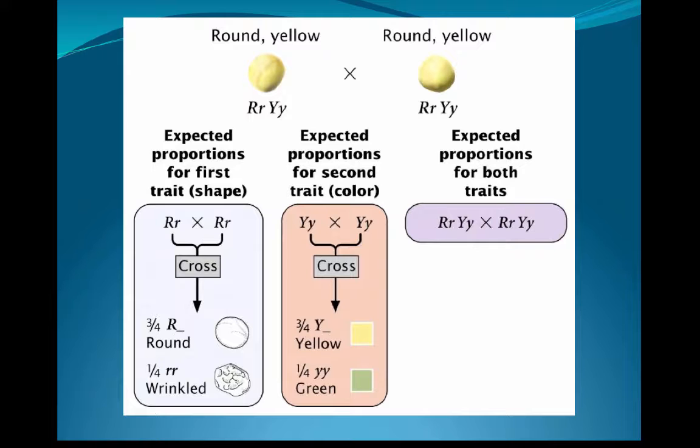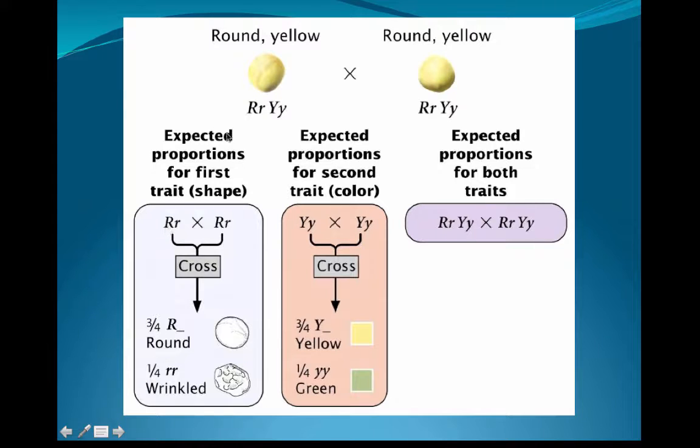So for example, if we had two heterozygotes, very similar to our F1 generation, that produced both round and yellow seeds, and they were allowed to interbreed. What we would do first is treat each one of these traits separately. So we would look at shape first, and then color second. Shape would be the R alleles.